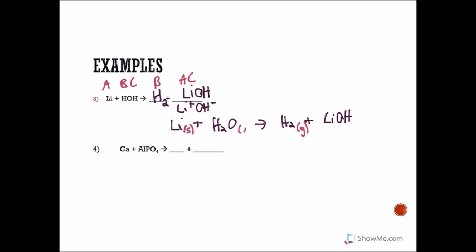We can't forget about water being a liquid, and we need to look up lithium hydroxide on our solubility chart. If we look that up, we find out lithium hydroxide is aqueous. And then we balance our reaction, which it looks like there's one lithium on either side, there's one oxygen on either side.